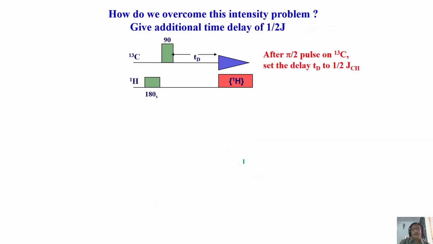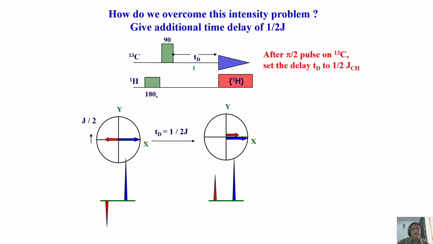Of course, how do you overcome this? I said we can give a delay. When you give a delay like this, as we understood from the energy level diagram previously, the minus and plus components, if you give some delay, will start moving in the other direction. After some time, they will come and overlap here.